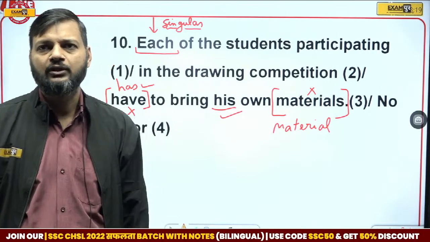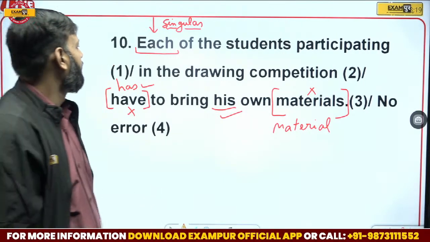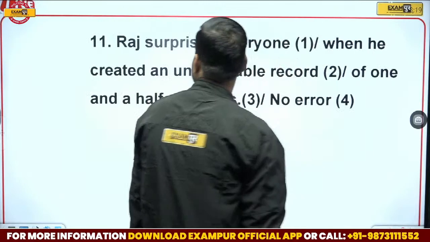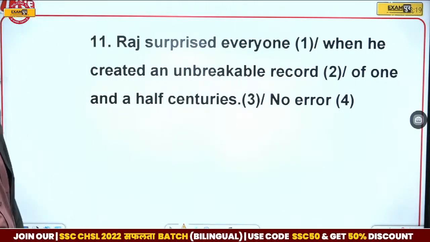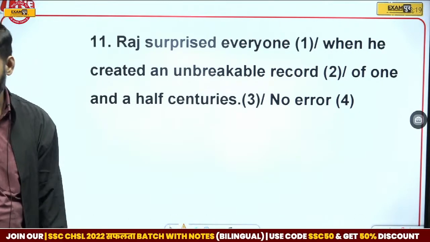There cannot be used. Okay, now question number 11. Raj surprised everyone when he created an unbreakable record of 1.5 centuries.